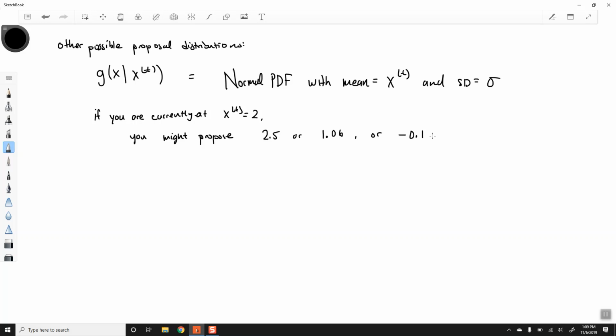You have a normal distribution centered at 2, with a standard deviation sigma that you've arbitrarily chosen.